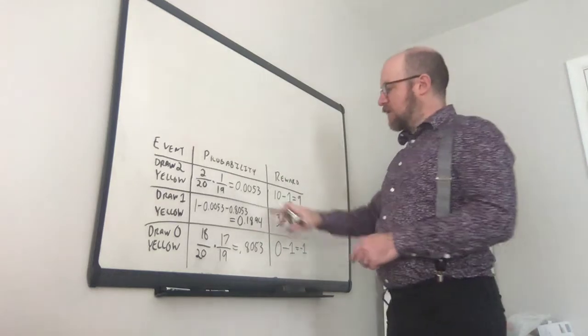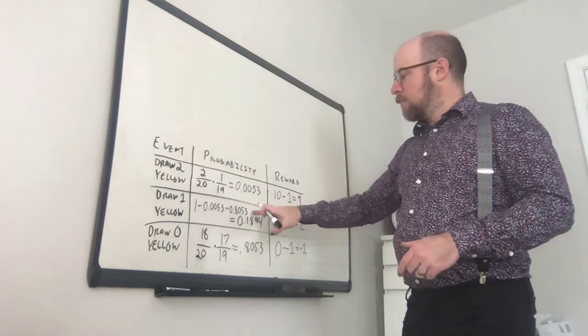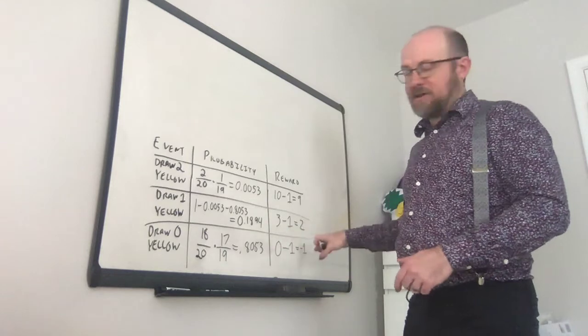We're going to do probability times reward plus probability times reward plus probability times reward.